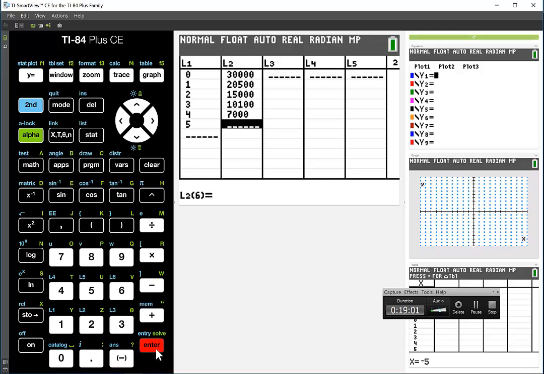And at 5, we said it was at 5,000. Now, you don't have to have the exact same numbers as me, but we're trying to have a best estimate as we put that data in.